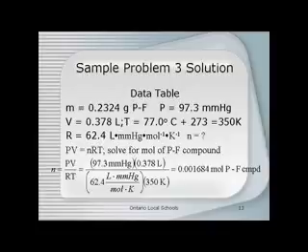And then finally, we also took the 77 degrees Celsius and changed it to Kelvin, which is 350 Kelvin. When we do this, we get 0.001684 moles of our phosphorus fluorine compound.